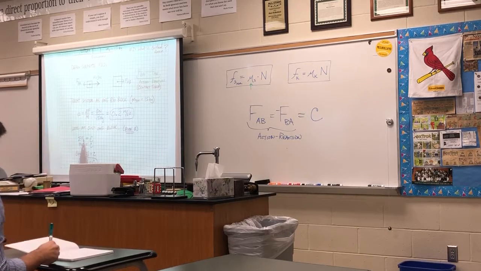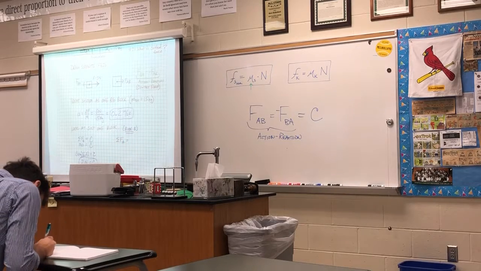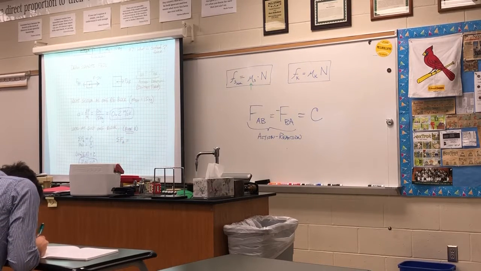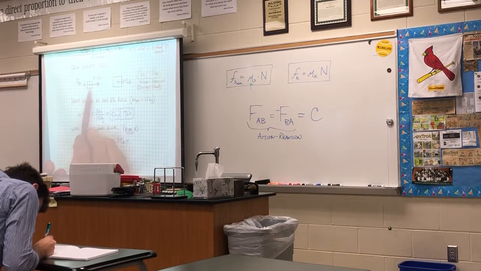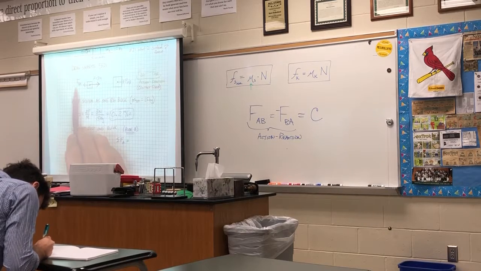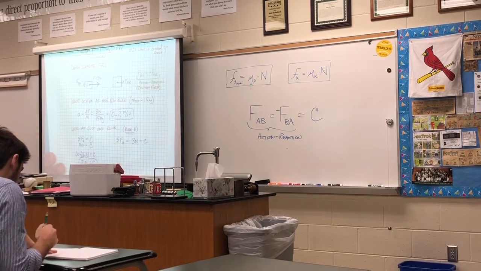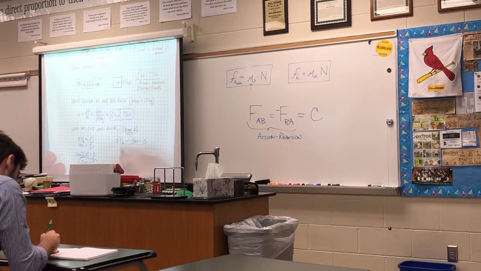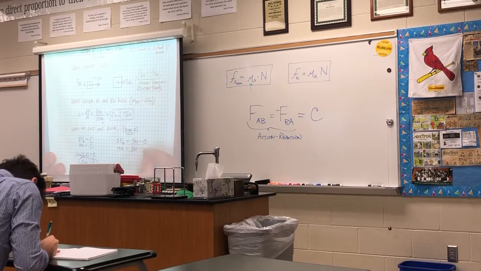Now, Jerry is right. We should be able to do this for the other block. What's the net force on block A? We should do it for this and get the same answer. What's the net force on block A? 3 newtons minus the contact force, right? What's net force equal to? MA.